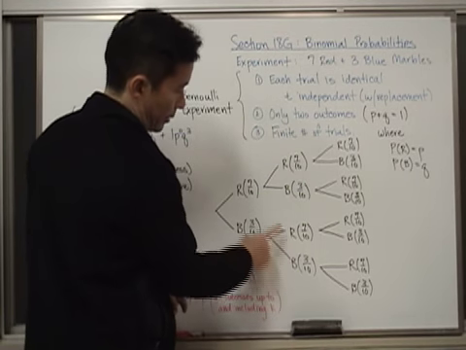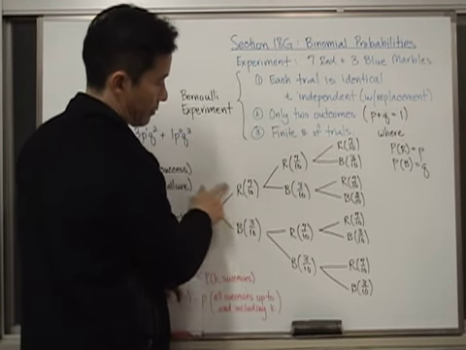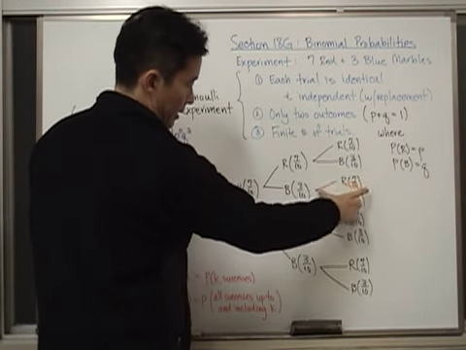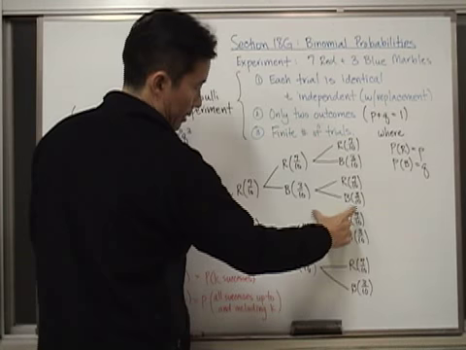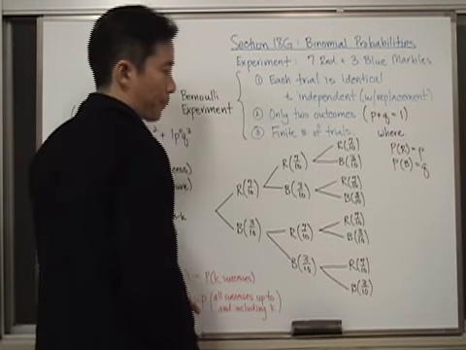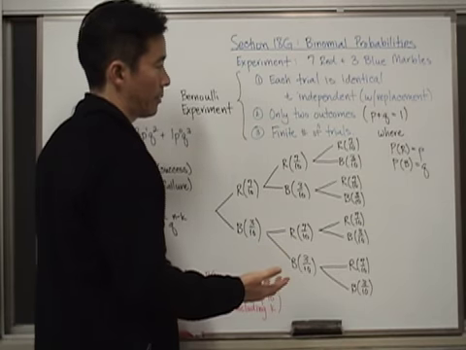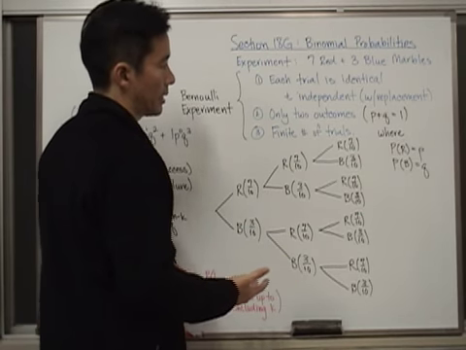So notice that the probabilities for each trial are 7 over 10 for the red and 3 over 10 for the blue. That's the same here, that's the same there, that's the same there, and that's the same there. Okay?